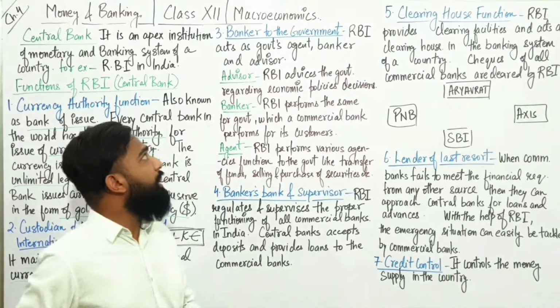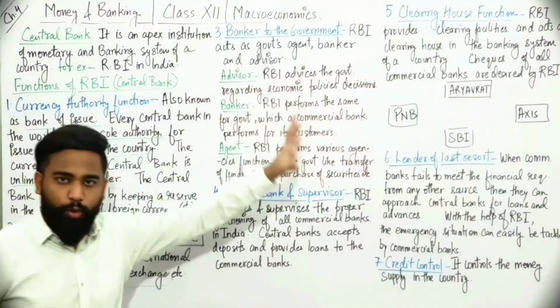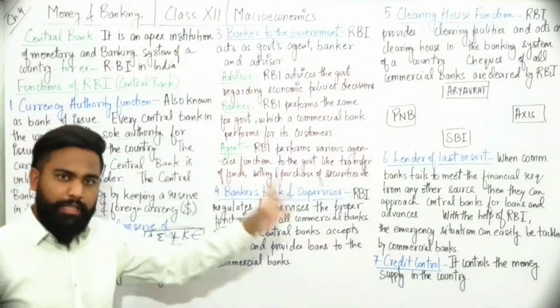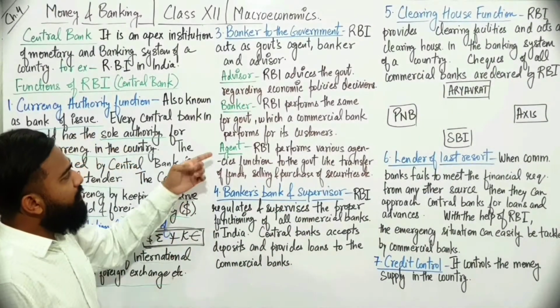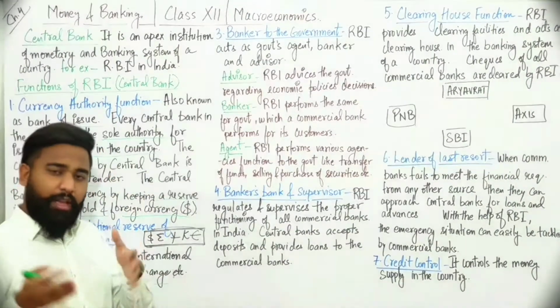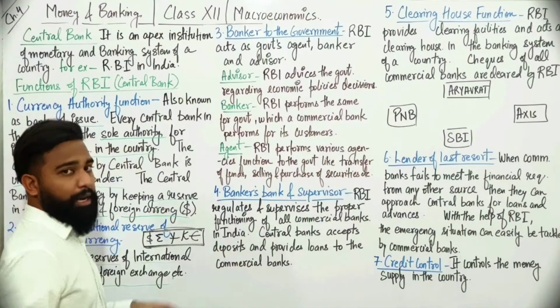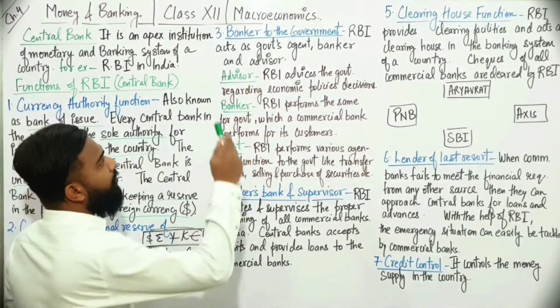Now let's come to the third, which is banker to the government. Now students, this function is the most important function of all these functions of the central bank. This function has been asked several times in the board exam, including this year's 2019-2020 board exam. So understand it very carefully.